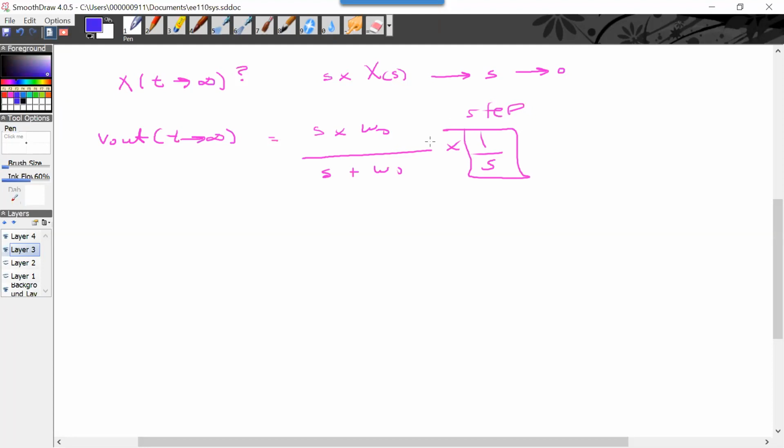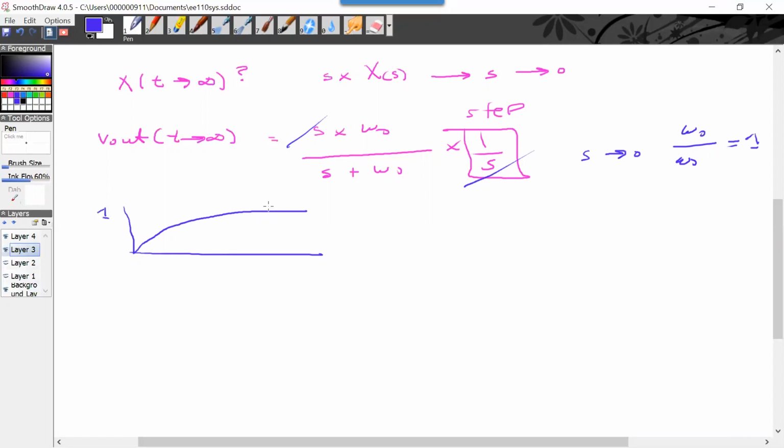Again, these S's cancel, and we're left with this. So as S goes to 0, omega naught divided by omega naught goes to 1. And that's 1. And what is considered infinity? t greater than 5 tau is considered infinity.